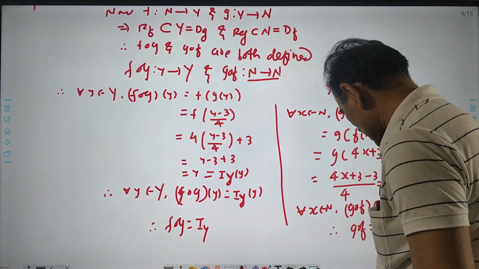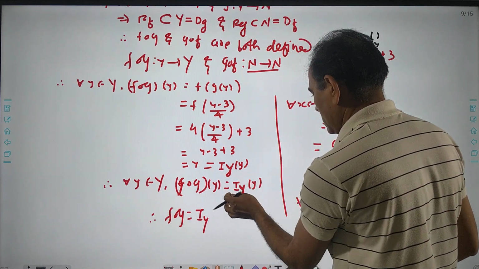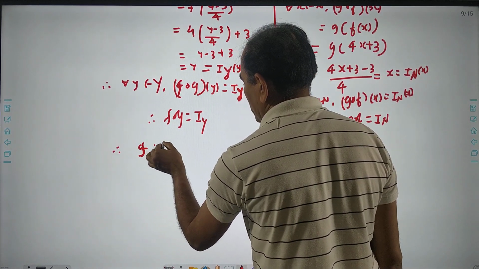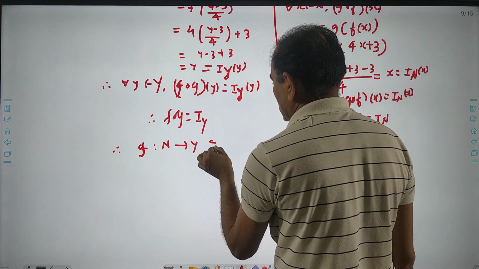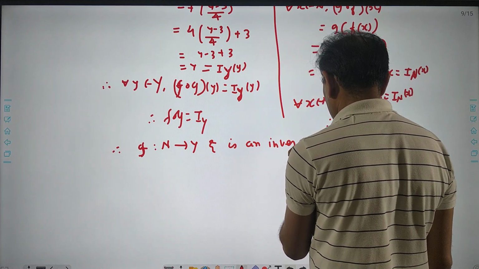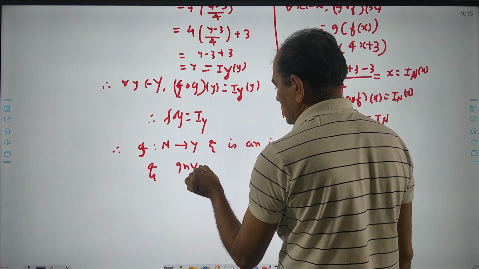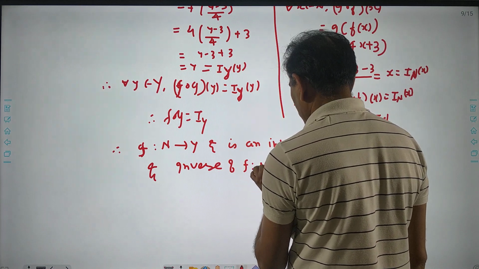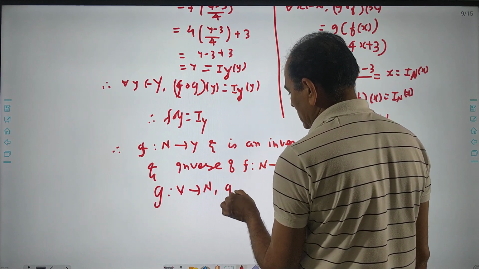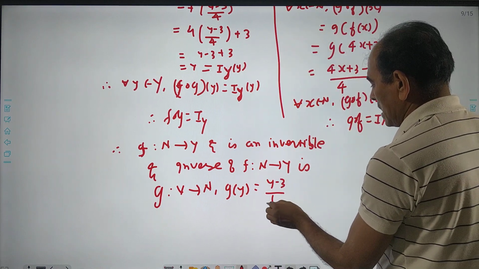And therefore we can say that f from N to Y is invertible, and the inverse of f from N to Y is g from Y to N, where g of y is equal to (y minus 3) by 4.